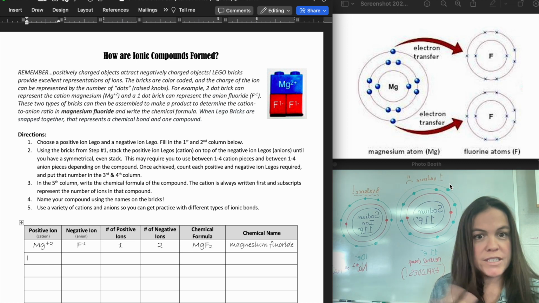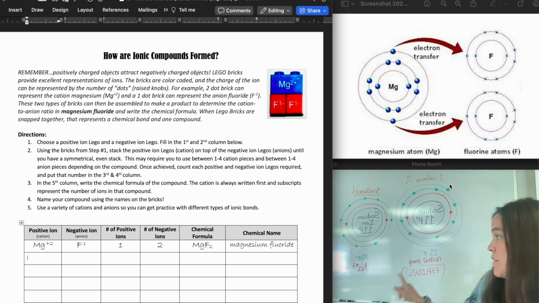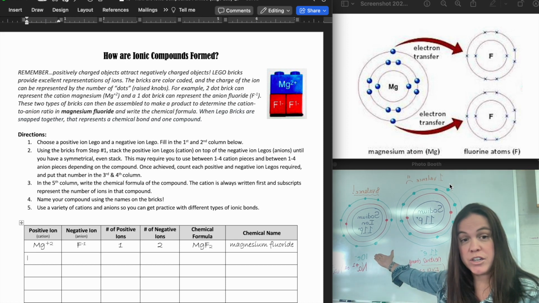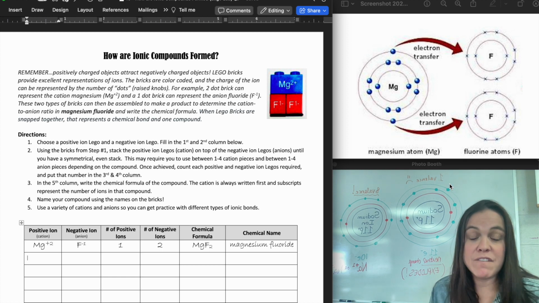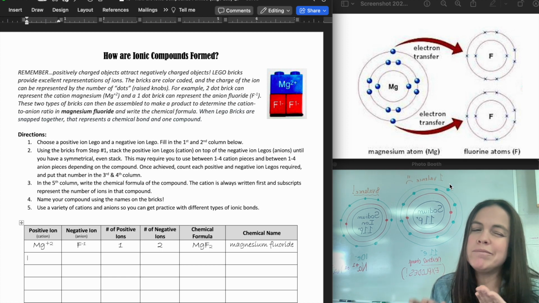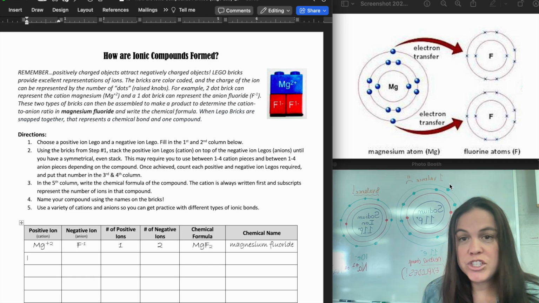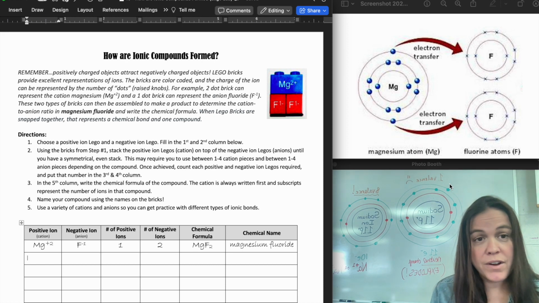So there is a difference here having to do with charge and stability. Things can have a neutral charge but not be very stable, or they can have a charge and be very stable. Stability is that 8 valence electrons, or 2 valence electrons if you've only got that one inner shell. So knowing that, we can look at some other compounds.